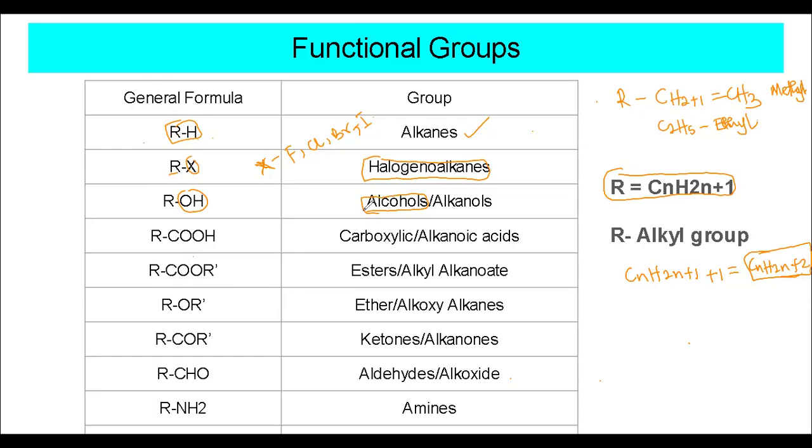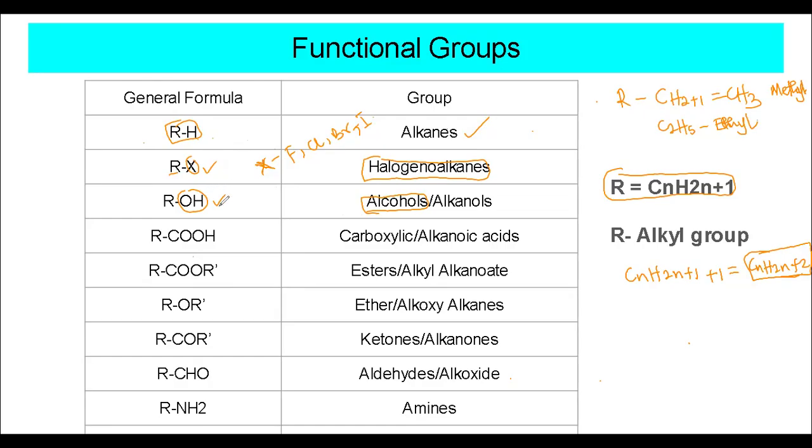And of course, the alcohol group has a different chemical property from the alkane. So you can see these are the functional groups. Those things attached to the alkane determine the nature of the chemical reaction or the characteristics of the organic compound.